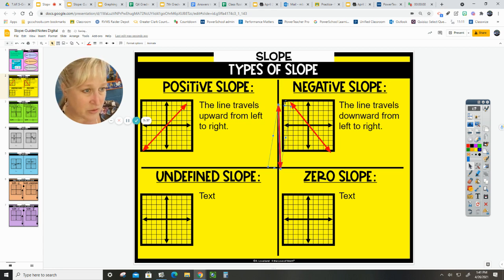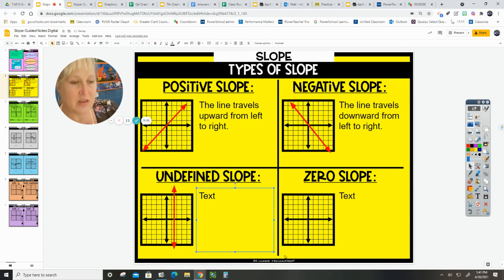I've got to make it go straight up and down. There you go. So a straight up and down line is, and that's not perfectly straight up and down, but do the best you can with it. It's easier to do. There we go. So an undefined slope is when the line goes straight up and down.